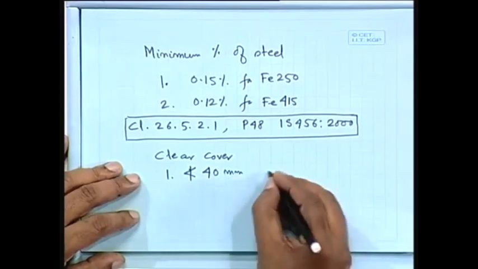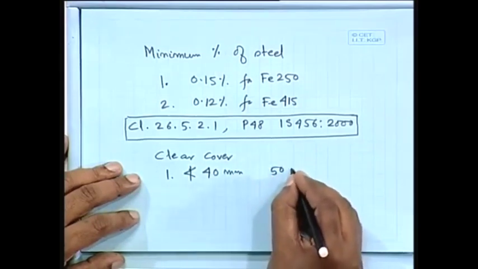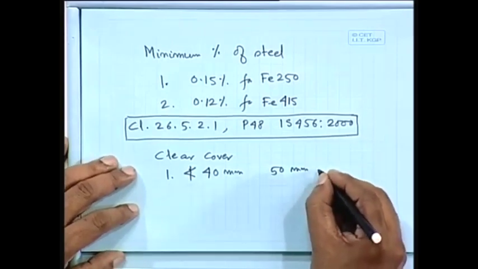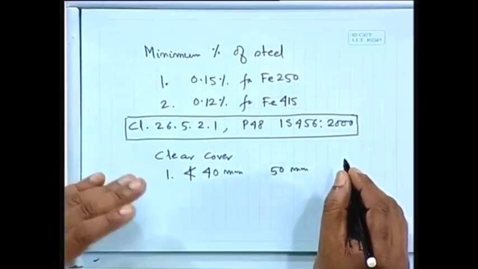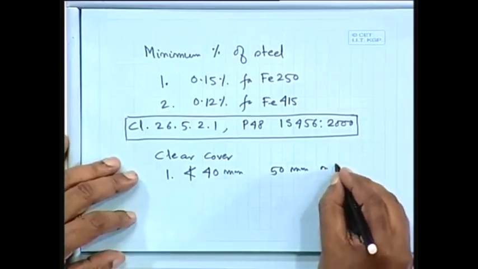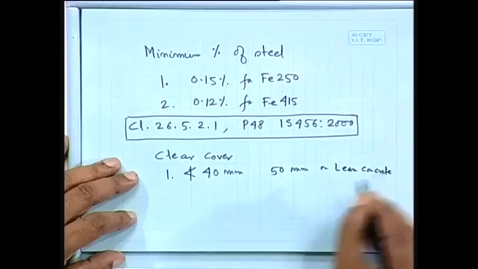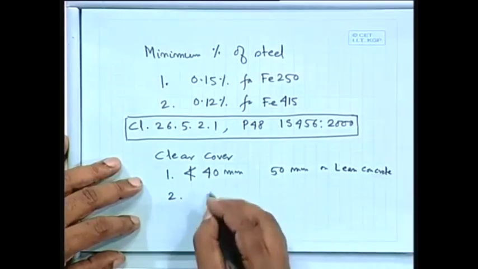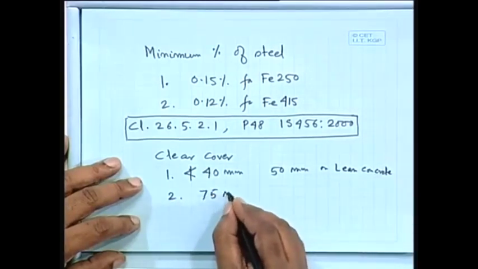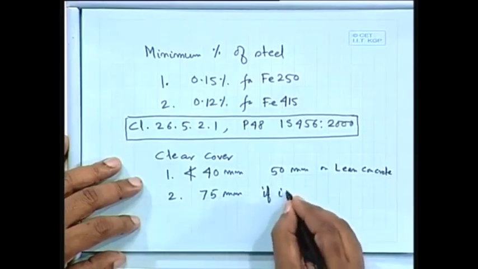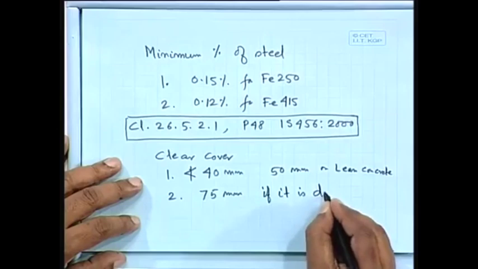So let us say 50 millimeter we shall provide if we have certain lean concrete, that means we are not providing directly on soil, or 75 millimeter if it is directly on soil.